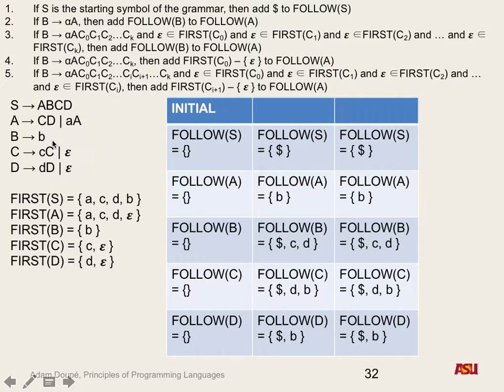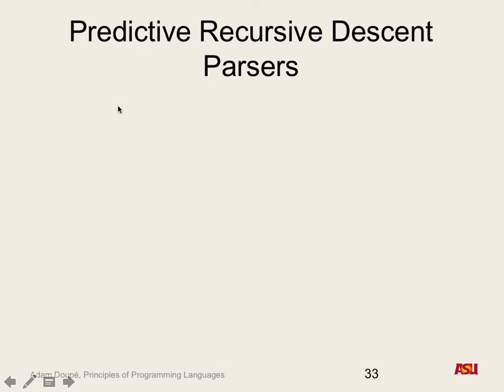Predictive in this sense means by just peeking at one token ahead, can I decide which rule applies? That's where we get efficiency, because we don't want to try all possible combinations of all rules, even though we know that will work eventually. We want to know which rule to choose just looking one token ahead.